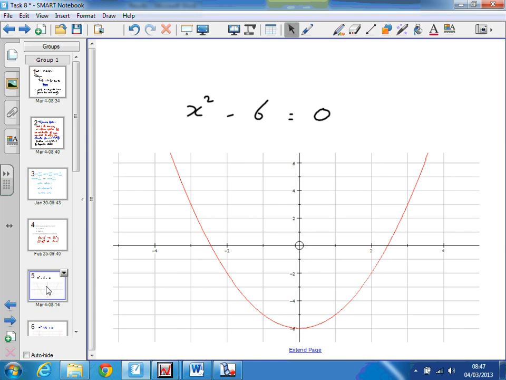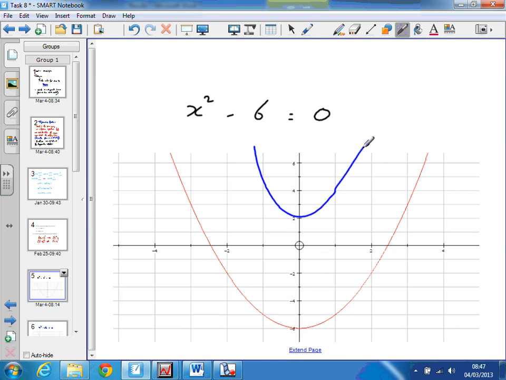x squared minus 6 equals 0. What values of x mean that x squared minus 6 is 0? Well, obviously here and here. So as a reminder, quadratic equations generally have two solutions. It's perfectly possible for there to be no real solution. If the curve lay up here, I'd have no solution.